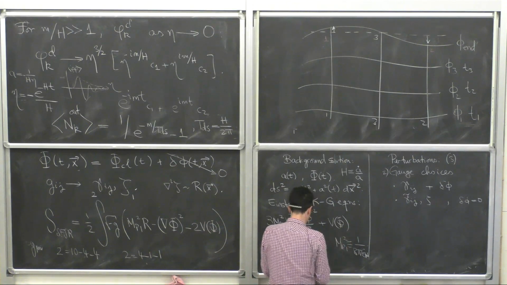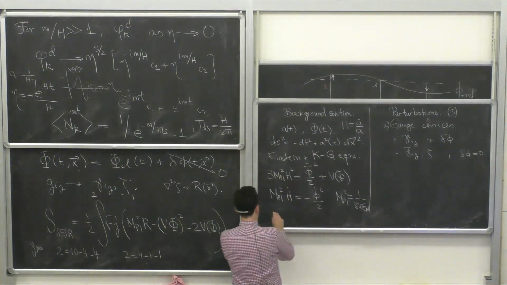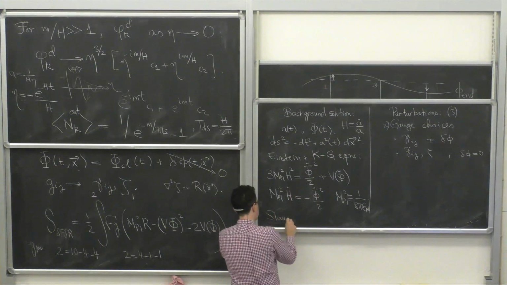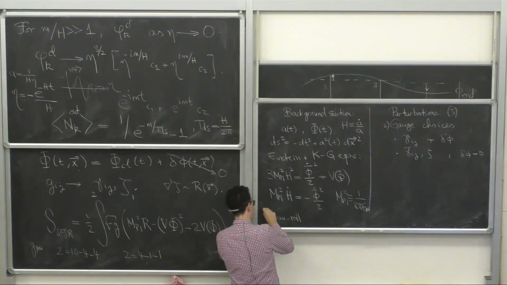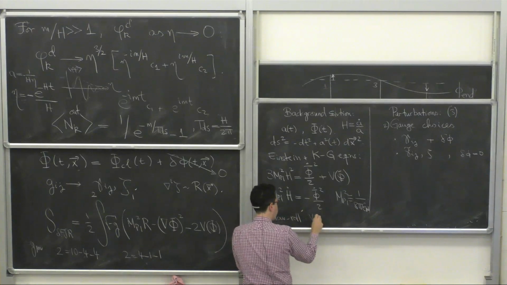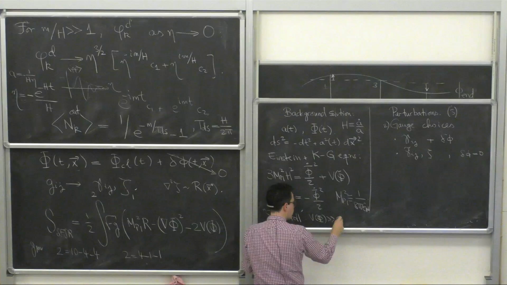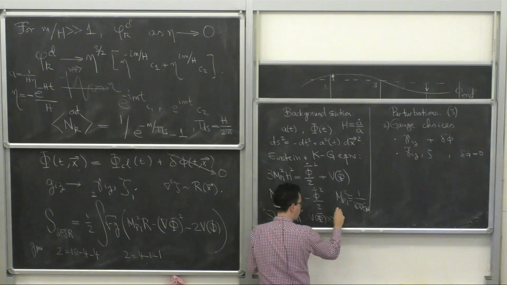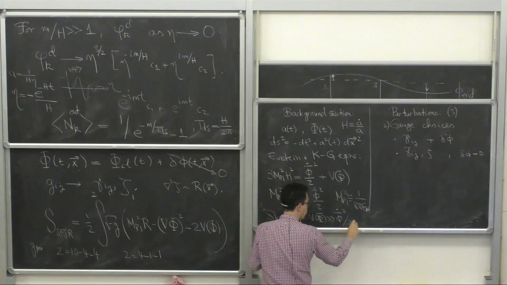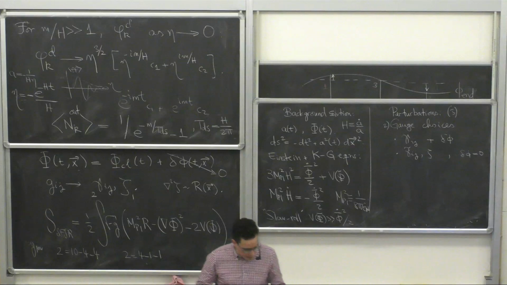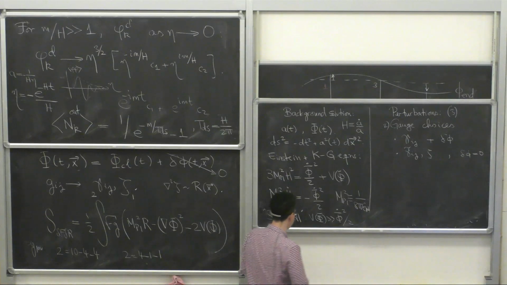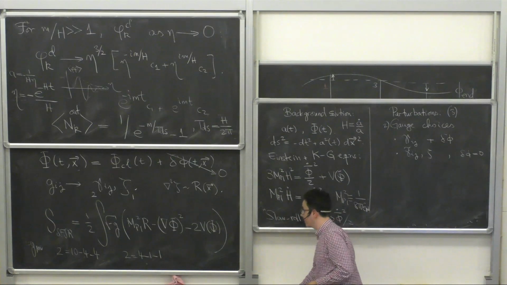So assuming slow roll, V of phi in the classical solution is much bigger than phi bar dot squared over 2. Okay?